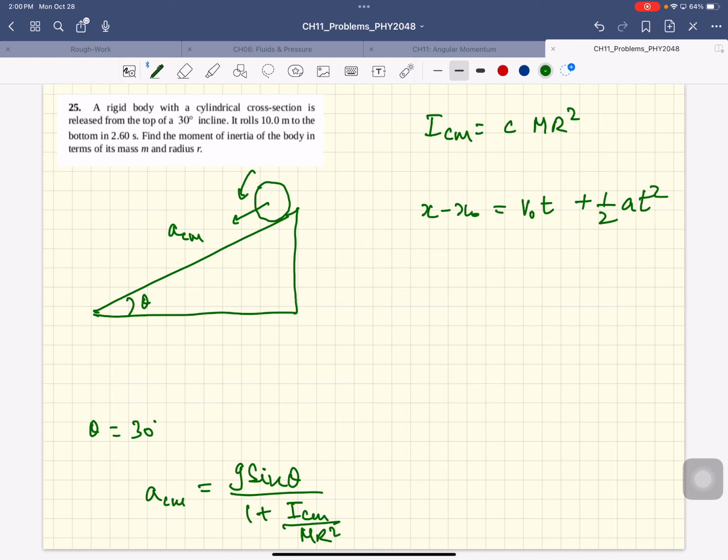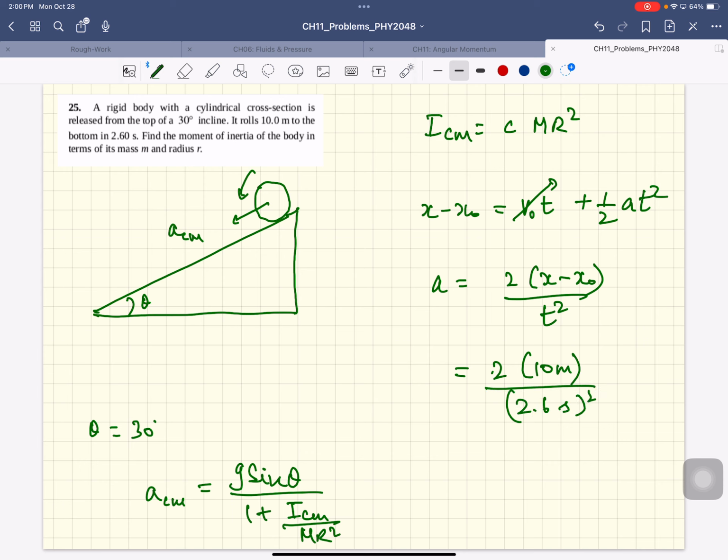It starts off with an initial velocity of 0, so that term is 0. So a is 2 times x minus x naught divided by t squared, 2 times 10 meters. That is the acceleration, and we'll equate that to the formula and then calculate I center of mass.